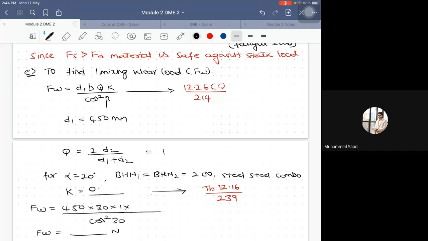So it is 0.539. Substitute there and give me the value of FW and check whether it is safe or not.